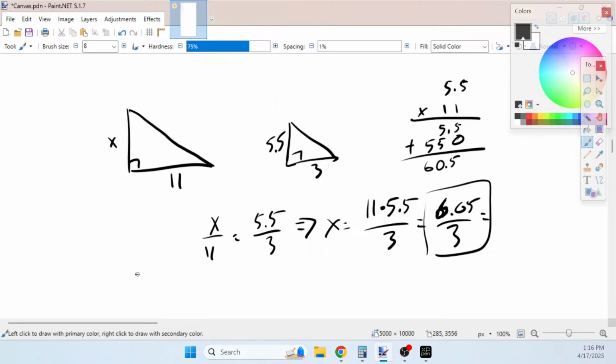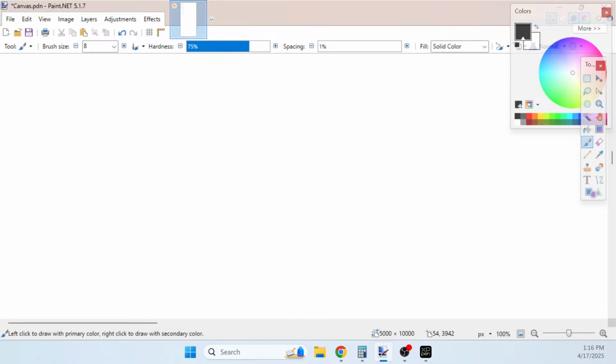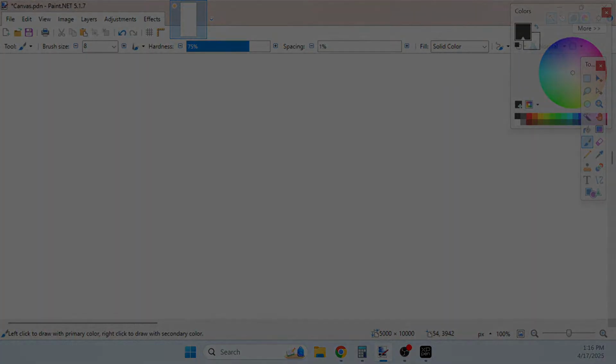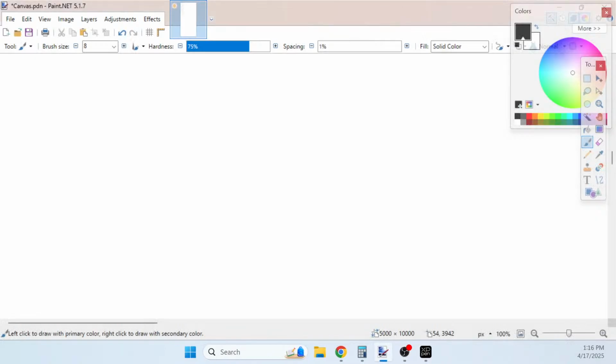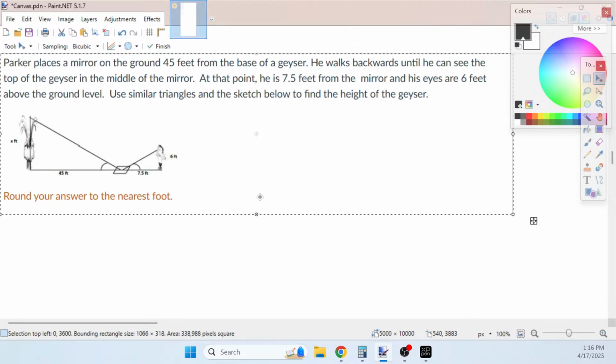Now we have a mirror problem diagram here. So we have this mirror on the ground, at the base of a geyser.